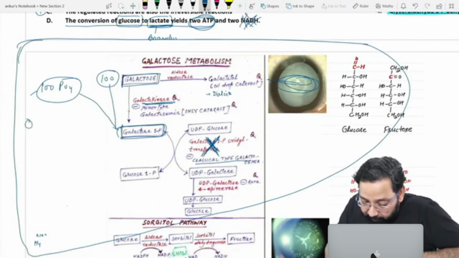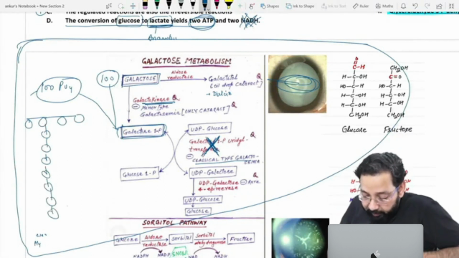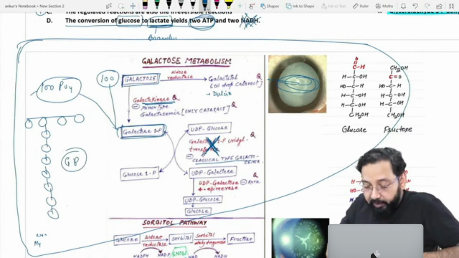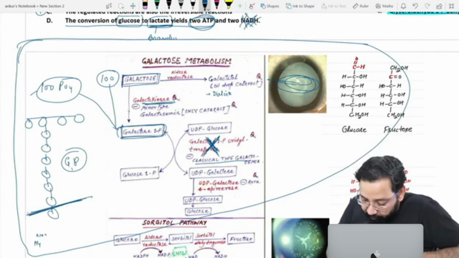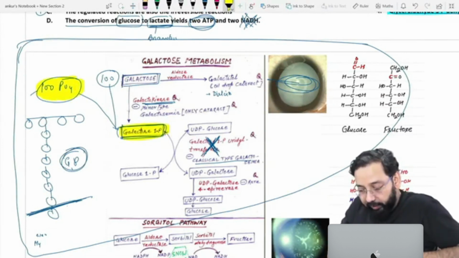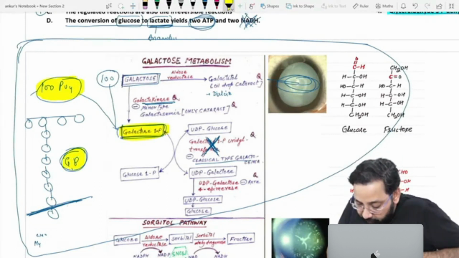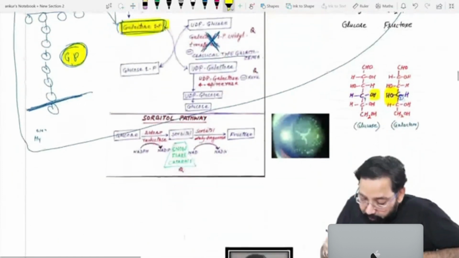Now in this liver cell, glycogen is already present. Glycogen phosphorylase is present. This glycogen phosphorylase wants to cut this. It will require phosphate, but you have sequestered all the phosphate in the form of galactose 1 phosphate. So this glycogen phosphorylase will not get phosphate. So this glycogen will not be broken down.